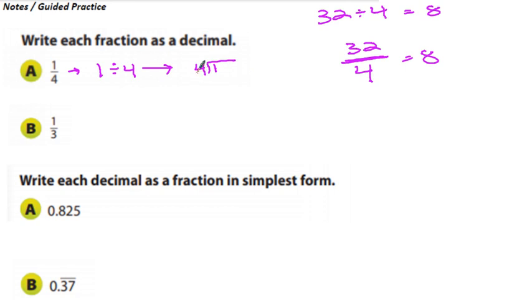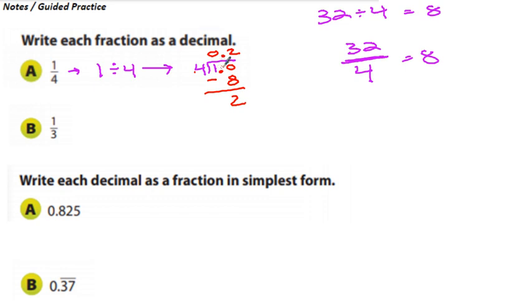So this is where I look at it. Does 4 go into 1? Well, no, it doesn't, so I'm going to put a 0 up here. Now this is where I have to make the decision. Well, what do I do next? I don't have any more numbers, so I can add a decimal and a 0 and bring that decimal up, because 1.0 is the same thing as 1. 4 goes into 10 twice. Take away 8.